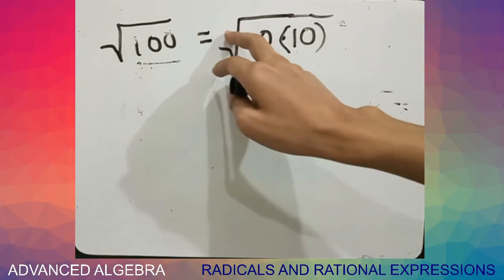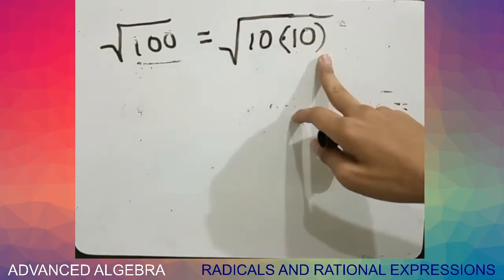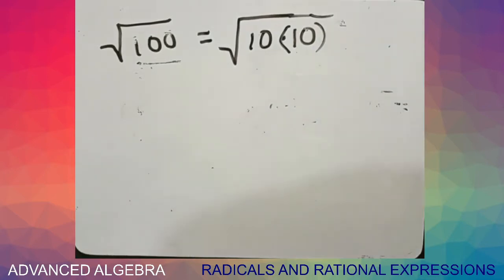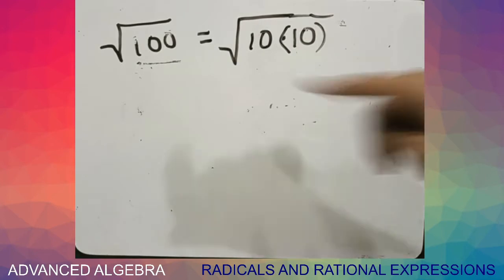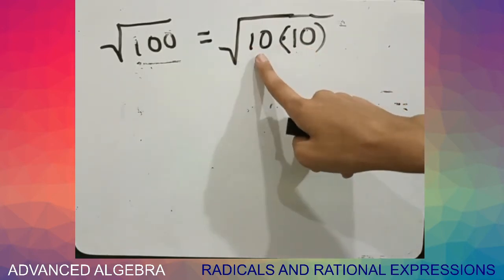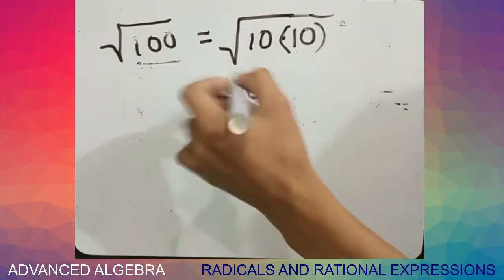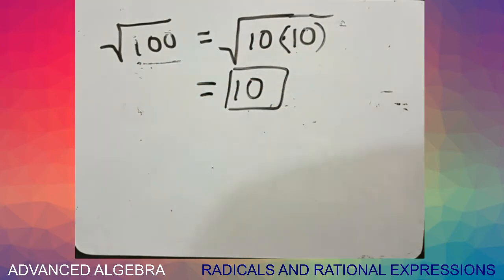So, ibig sabihin, yung unang number na pinag-times mo sa kanyang sarili, siya ang square root. Basta, magkaparehas na number ha, pag square root. So, 10 times 10. So, ang ating square root ng 100 ay 10. Yan. So, ito na yung sagot natin sa the square root of 100. So the principal square root of 100 is 10.